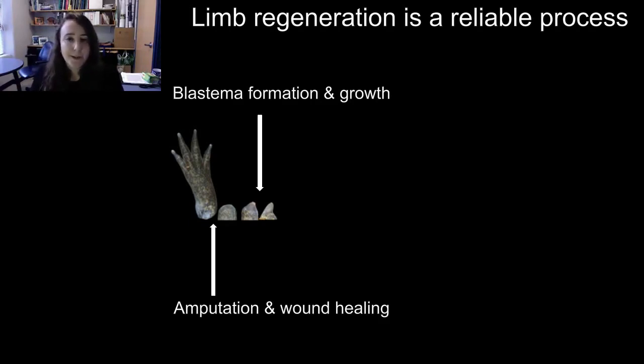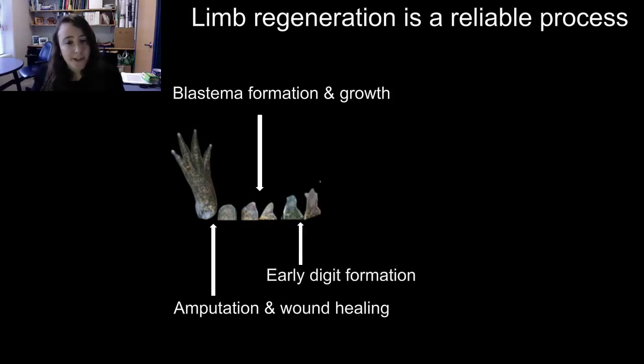The blastema is a collection, basically a bag, of proliferating cells that forms from a number of different cell types. This can include fibroblasts, so connective tissue, and Schwann cells, which surround the nerves. It can include satellite cells found in muscles, and basically all of these cells go back in time a little bit and become like precursor cells, which then form this regenerating blastema and grow outward.